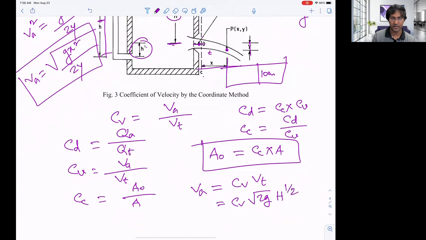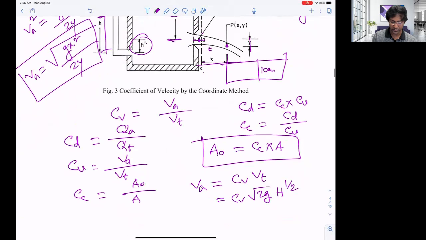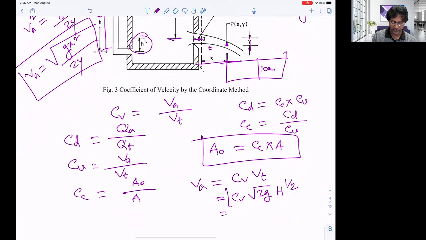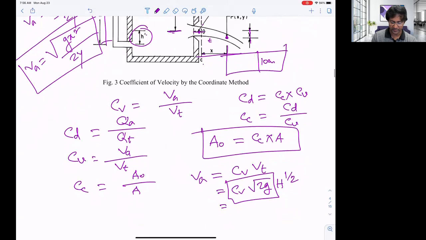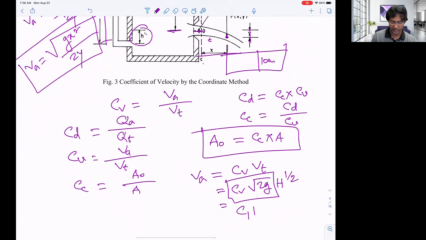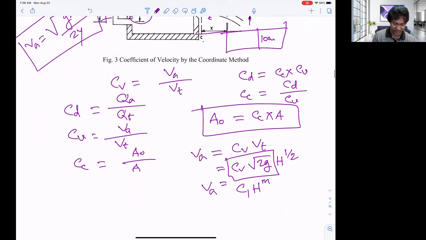If we put the constants outside of this square root, then this is constant, right? So we can apply another constant C1 and a to the power m. So VA will be this. So we can calibrate the equation for actual velocity, C1 and a to the power m.